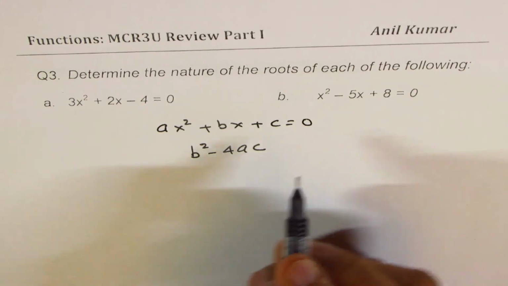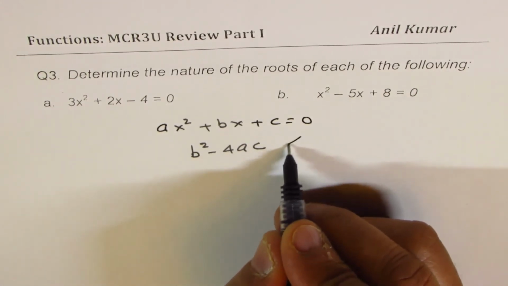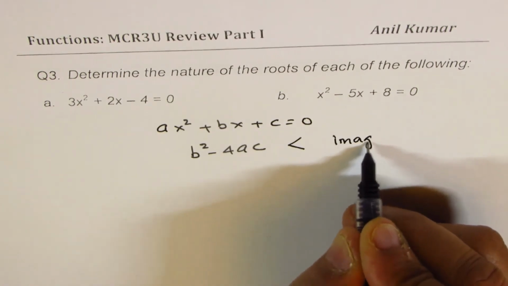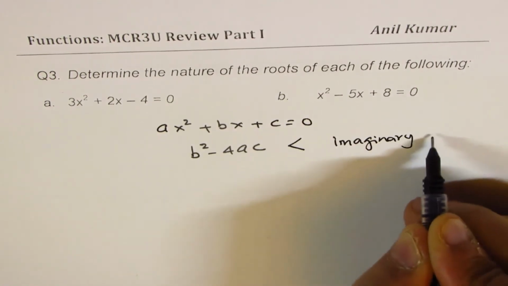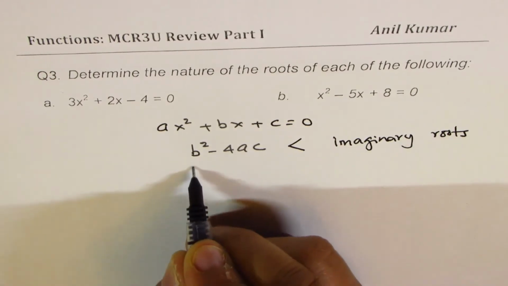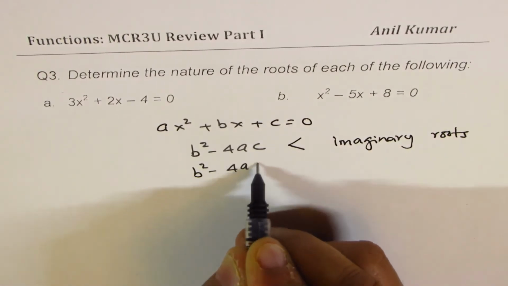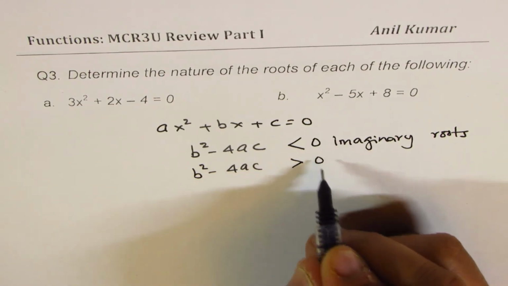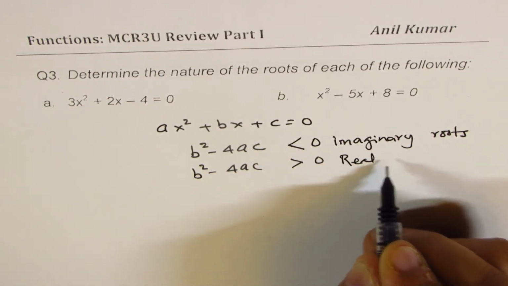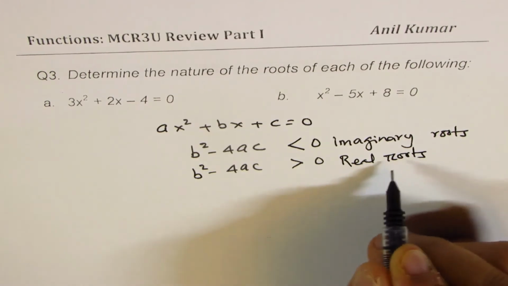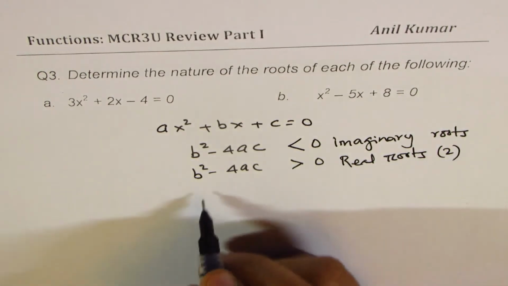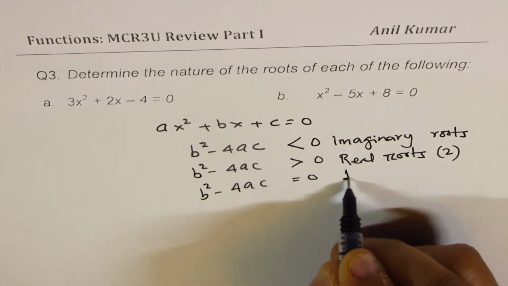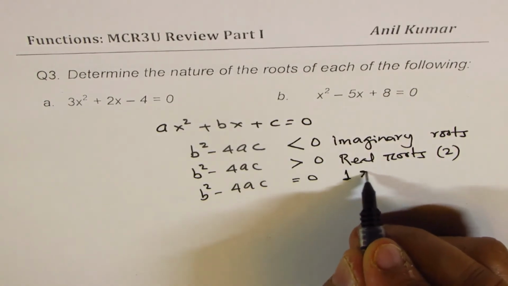Now, if this term is less than 0, then we have imaginary roots. If b squared minus 4ac is greater than 0, then we have real roots, 2 of them, right? So 2 roots. And if b squared minus 4ac is equal to 0, we have 1 real root.